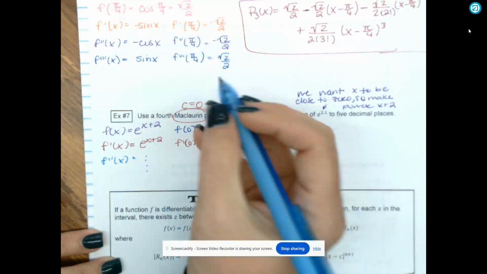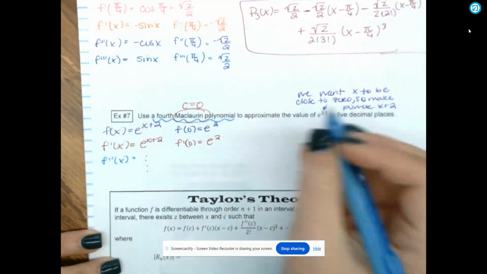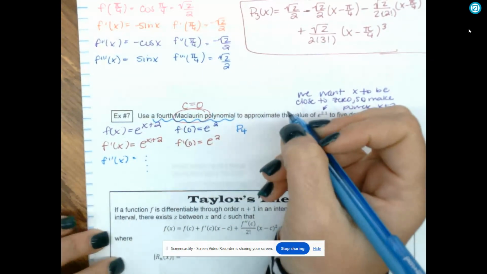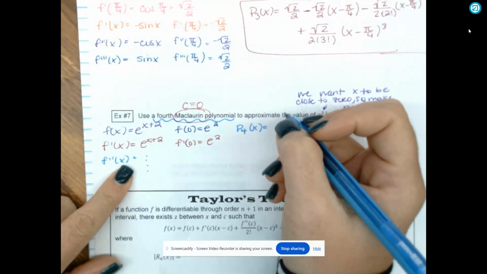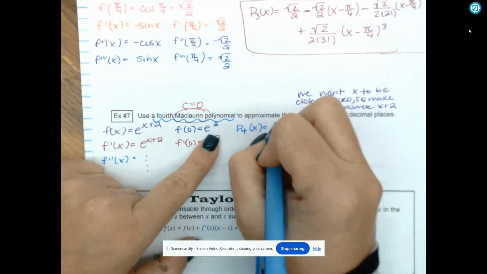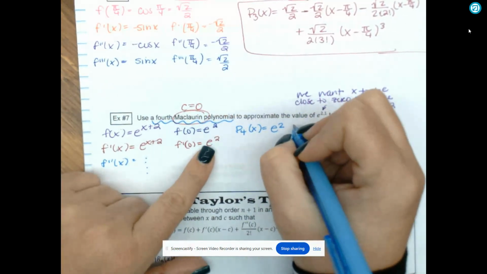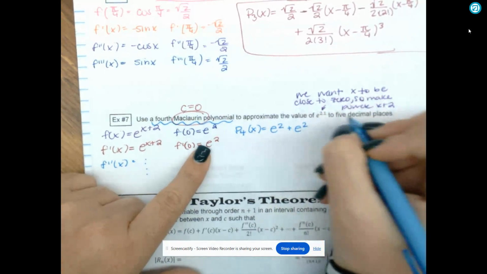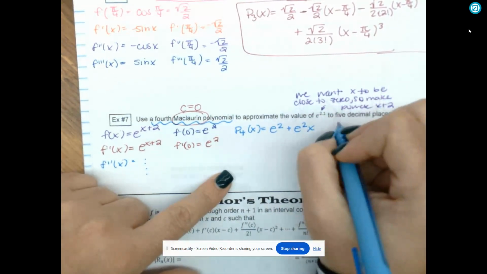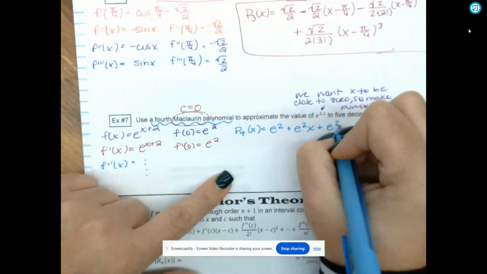So if they want us to find the fourth Maclaurin polynomial, that's p sub 4 of x, okay, we know that our original value for 0 was e squared plus e squared times x plus, it's going to be e squared again.